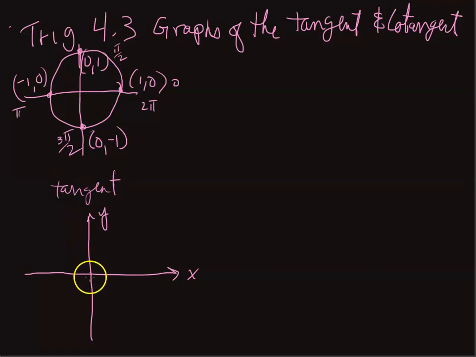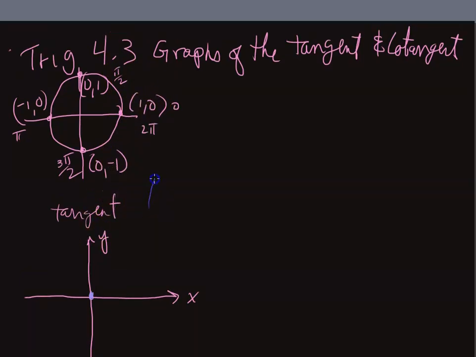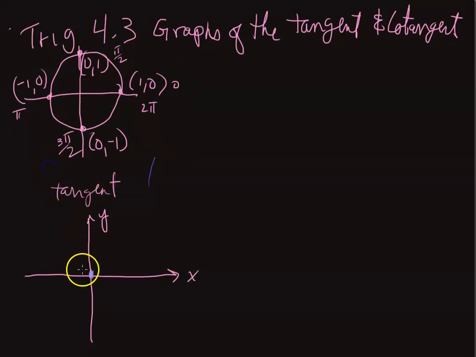So tangent of 0 is 0. For the tangent, if we try to plot these points like we did before, tangent of 0 is 0. So we plot that point here.